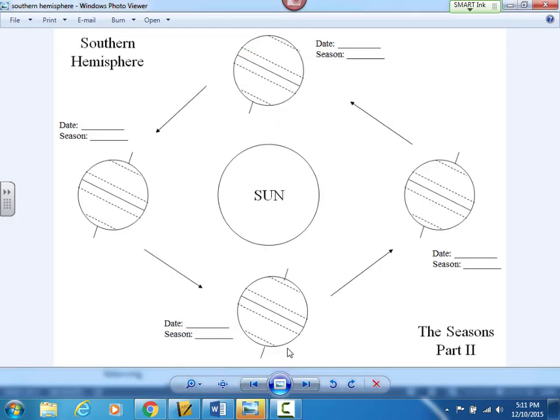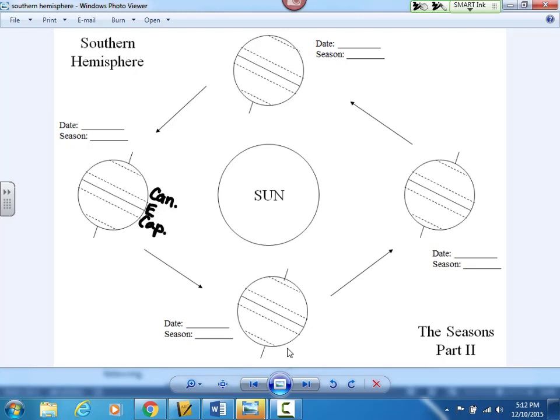Now we're doing the diagram for the southern hemisphere. Most of the things that we will label will be the same. So in fact, you could probably do this picture pretty well on your own. Label the equator, label the Tropic of Cancer, label the Tropic of Capricorn.